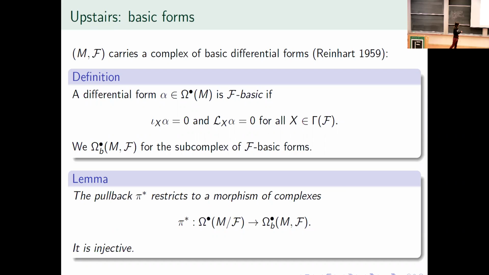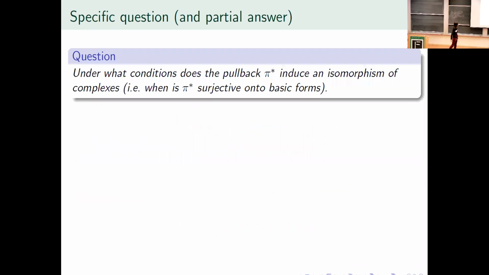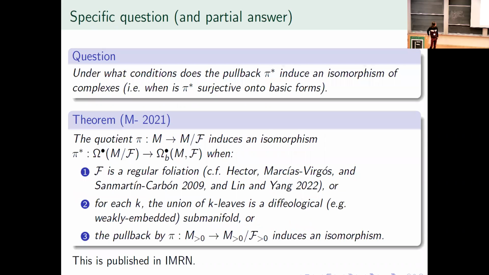And so here we have injective, and then the more formal version of the question I started with, we're going to specifically ask, when is it an isomorphism? And in particular, because of this earlier lemma, we're really asking, when is it onto? And that's the result that we have. So I did this maybe a year ago or so. I guess it's 2 years now.